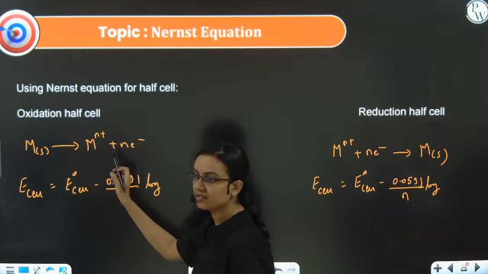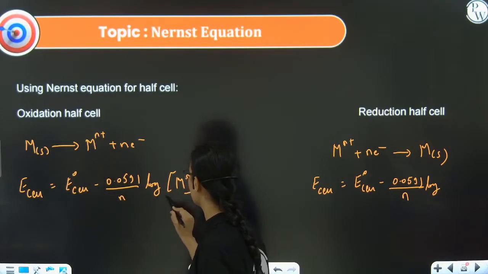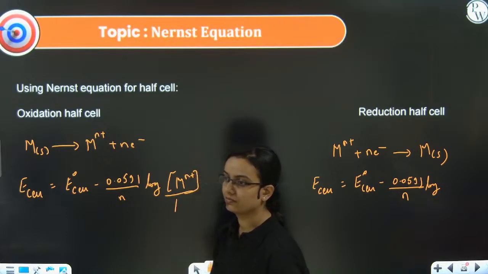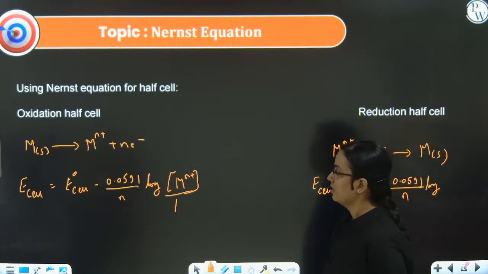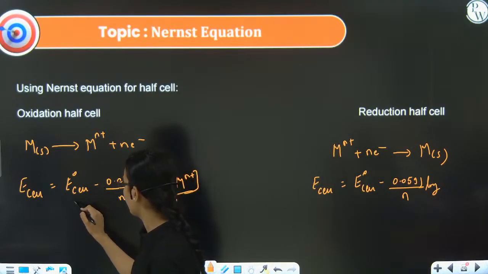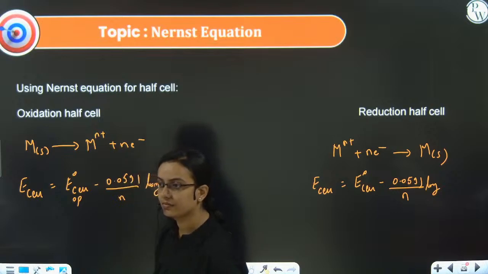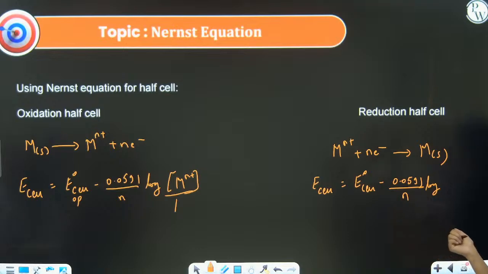So product is Mn plus concentration of Mn plus, reactant में we have solid, so we won't include it. ठीक है? And since this is the oxidation half, instead of writing E naught cell, you can write E oxidation potential as well. ठीक है? यहाँ पे बोलो this part reduction में क्या होगा now? Same. 1 by Mn plus.